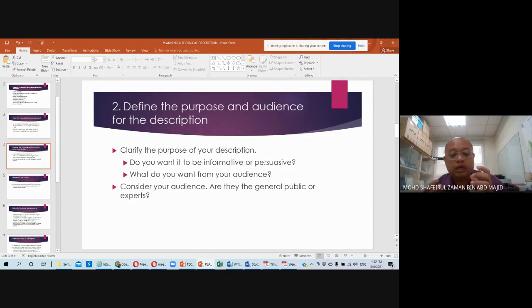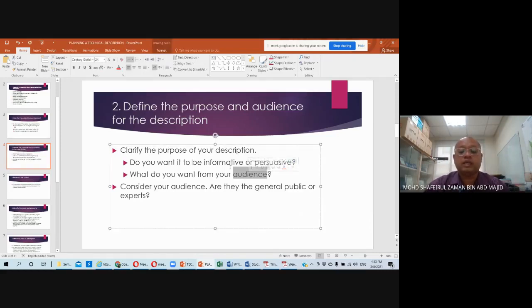Okay, so this thing we will be discussing in detail next week in week 3, when we are going to have the briefing session for your first assessment. So the second question here, what you want from your audience, is going to be the same as over here, whether to inform or to persuade them to buy or to use your product. And please consider your audience, whether they are the general public or experts.